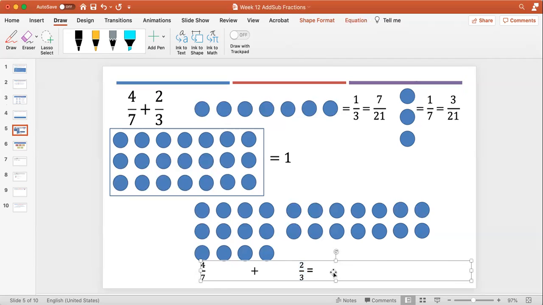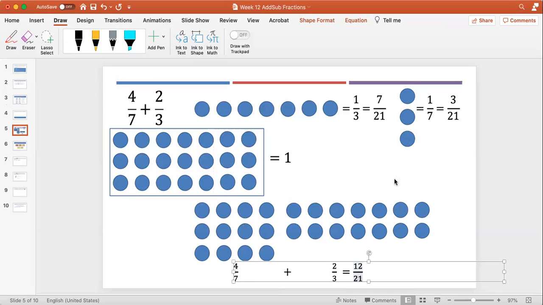So if we look at this as 4/7 plus 2/3, we can then see 4/7 is the same as 1, 2, 3, 4, 5, 3 by 4, 12, 12/21.